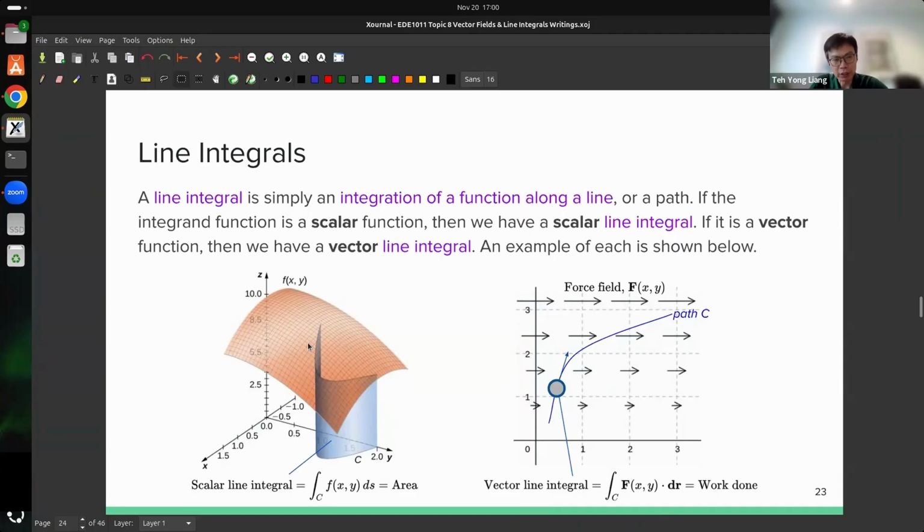On the left is the corresponding scalar line integral. Your next trimester electromagnetism doesn't focus too much on scalar line integrals, because magnetic fields and electric fields are vector fields.